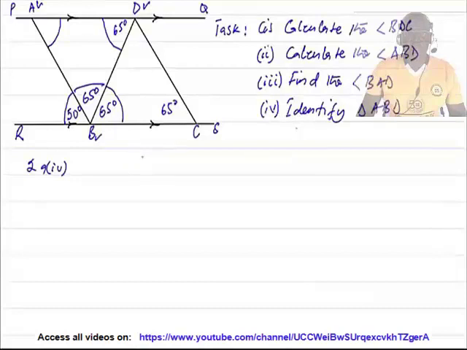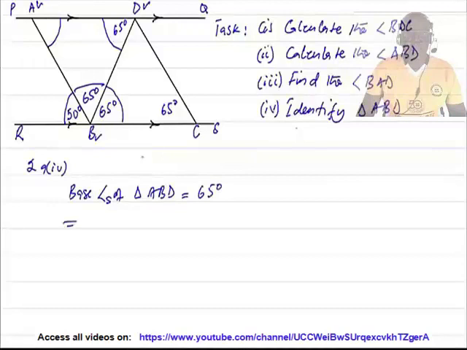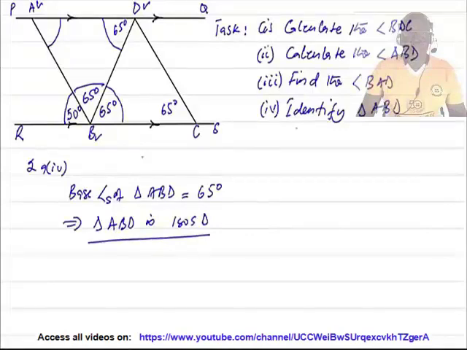The base angles of triangle ABD are equal and equal to 65 degrees. This implies that triangle ABD is an isosceles triangle. So that's the solution to 2A sub-question IV.